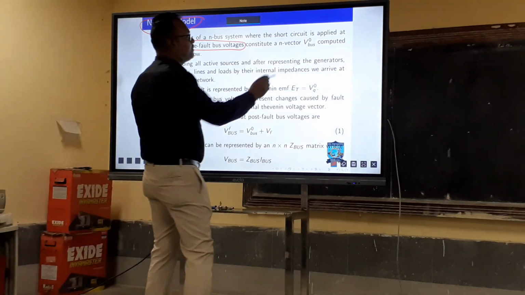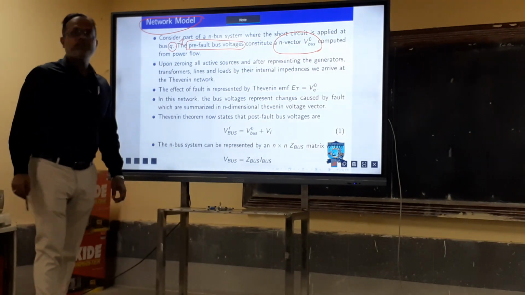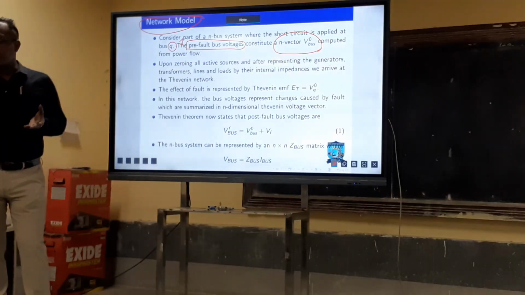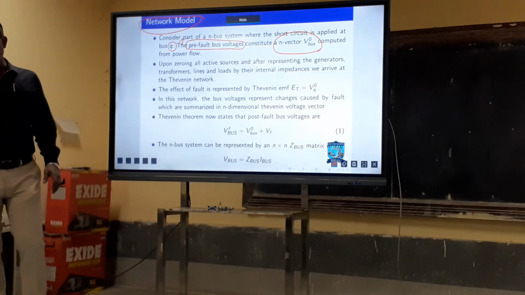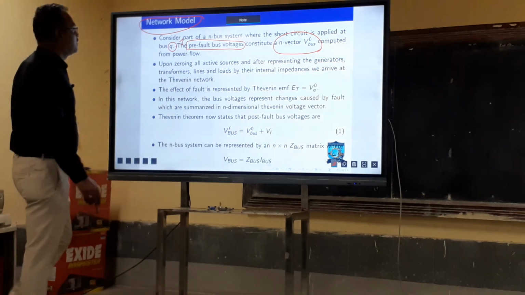So that is an n vector of bus voltages. We have an n-dimensional vector of bus voltages because it's a large system. Last class we saw a two bus system, but when we do a practical power system, it is an n bus system, a large number of buses.